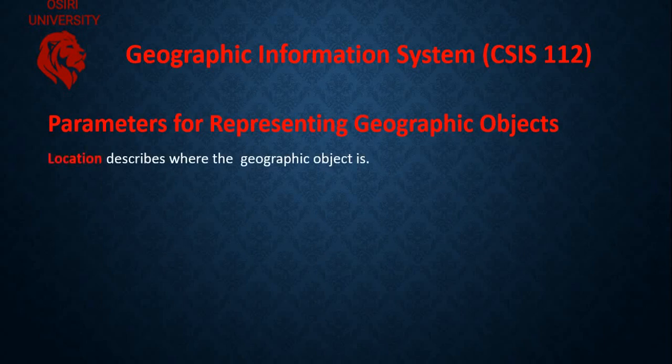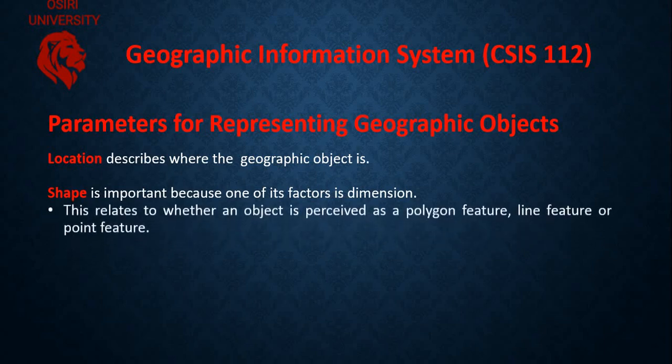Parameters for representing geographic objects include location. I've said it before that location describes where the geographic object is. Shape is an important parameter because it relates whether an object is perceived as a polygon feature, line feature, or point feature.